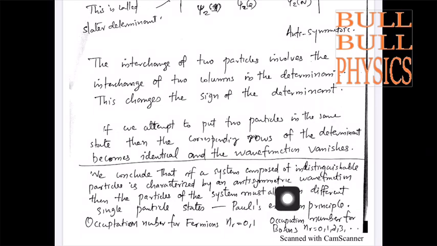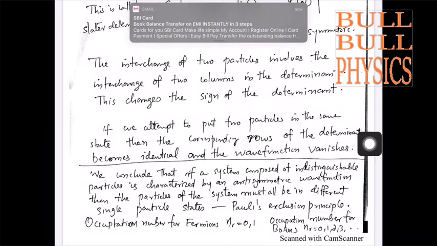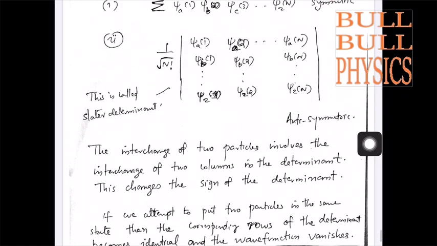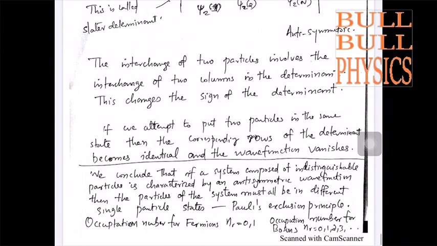This is the Pauli exclusion principle: no two particles can be in the same state. So the Pauli exclusion principle directly follows from the antisymmetric property of the wave function.